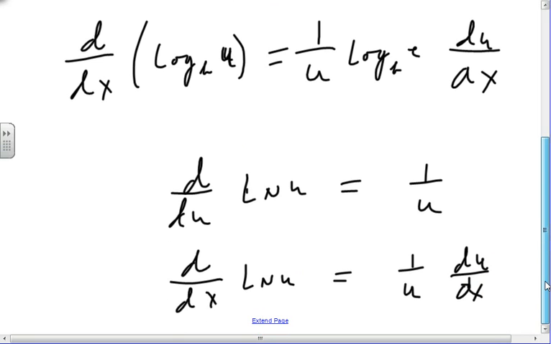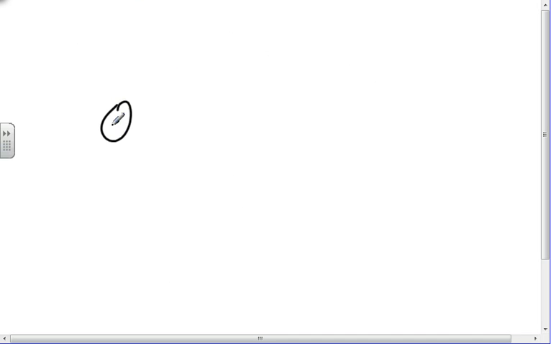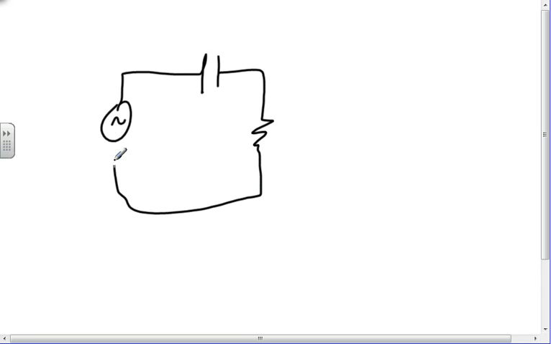Okay, now the issue is, why would we use the derivative of the natural log so often in solving problems, but not the common log? So that's the issue being raised by the second row. So here I got a circuit, and I've got a capacitor and a resistor.